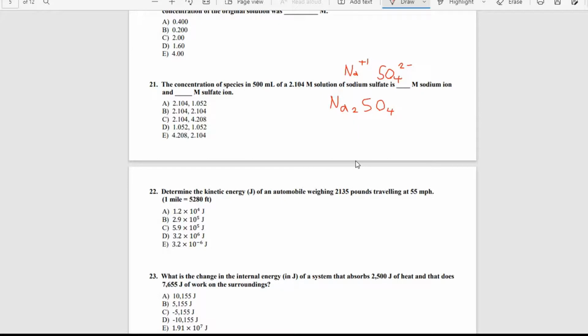And whether you did crisscross or just figured out, okay, well, I need 2 sodiums to balance with the 2 minus, either is fine, as long as you get that answer. So because there's 2 sodiums in every sodium sulfate, what's the molarity of sodium ion?